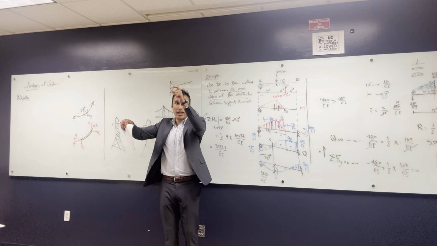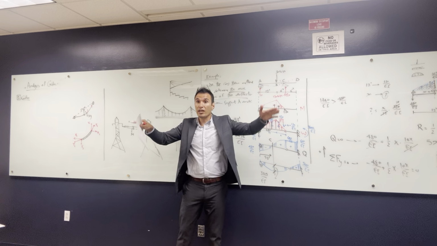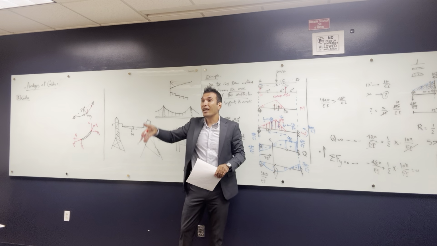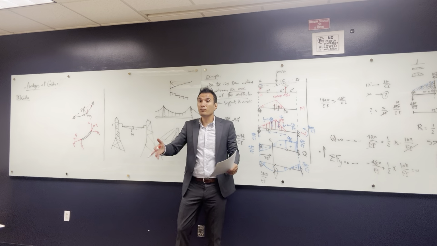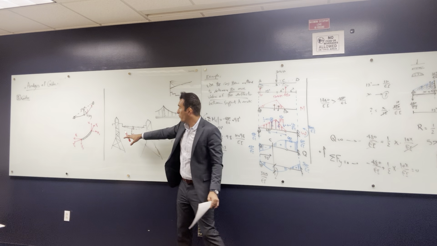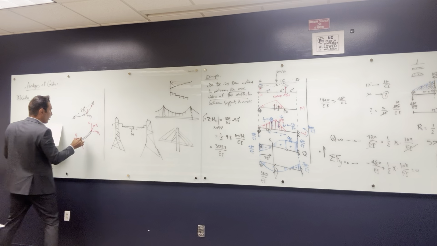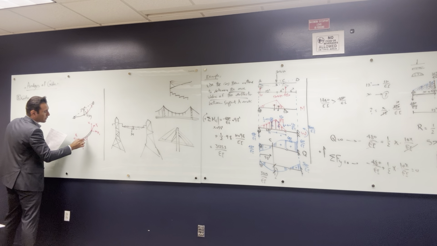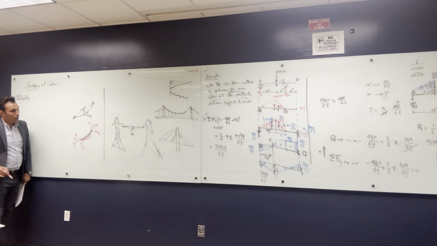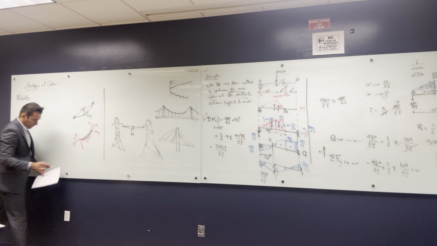You have a cable, and then it comes out of the cable. That's an example of a cable that has concentrated loads. And sometimes you have cables for power transmission, and they only have their own weight. If we want to represent the own weight, it's going to be something like this. All right, let's say W, okay?